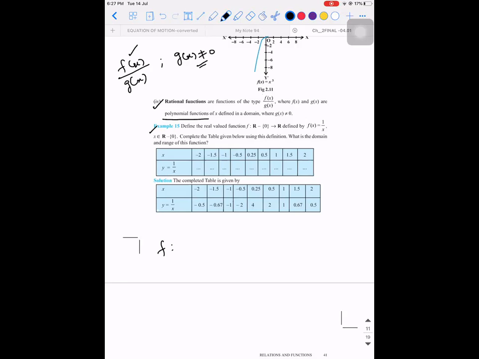If a function f is mapped from x to y, then x represents the domain and y represents the range.